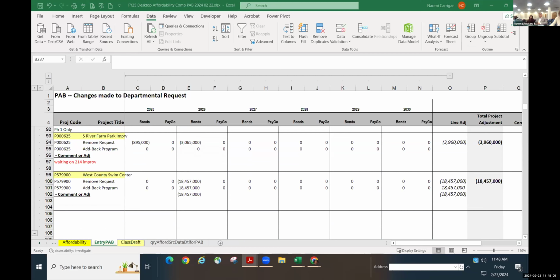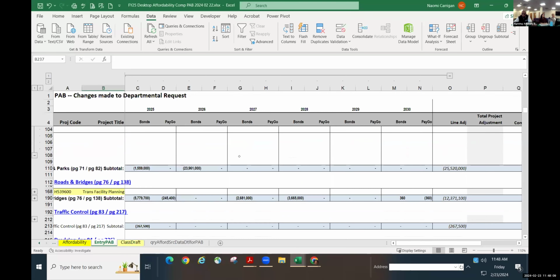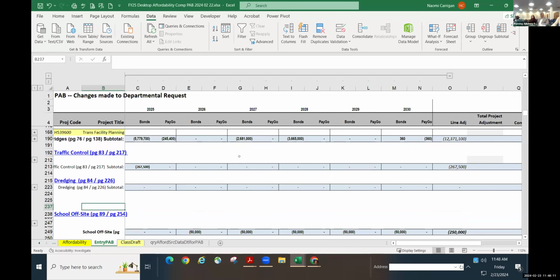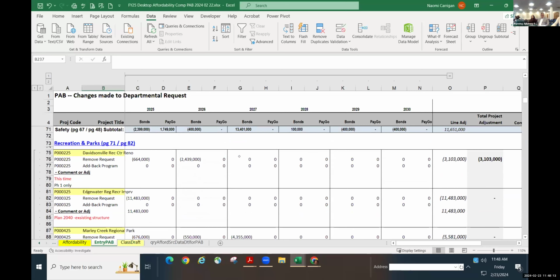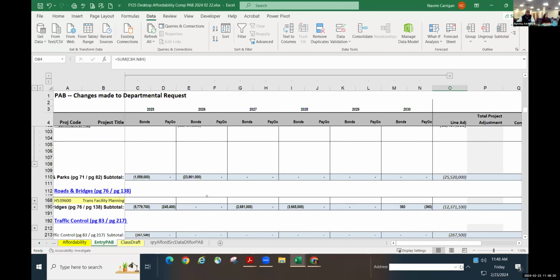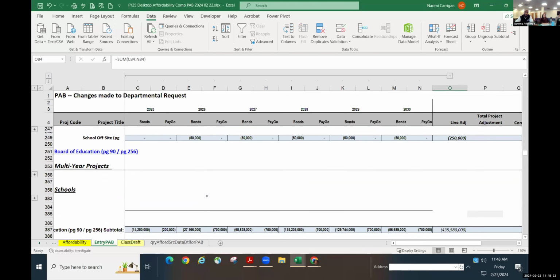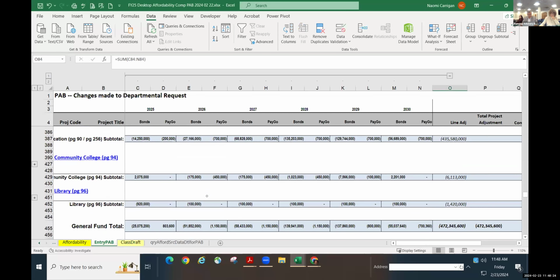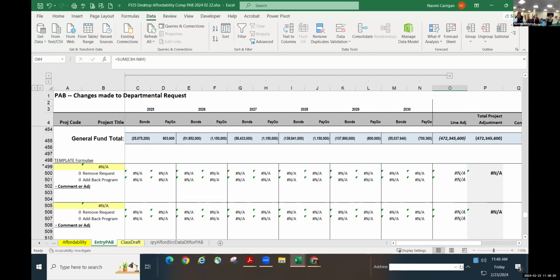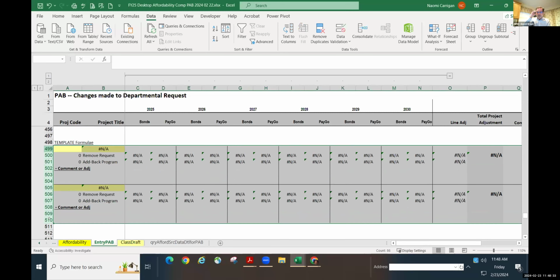I guess my other question, I hate to do this, but to go back to Edgewater, can you talk about where the 11 million number came from? And is there any opportunity to phase that? As a new capital project for Rec and Parks, there are certainly opportunities to phase it if we needed to for dollar amounts.